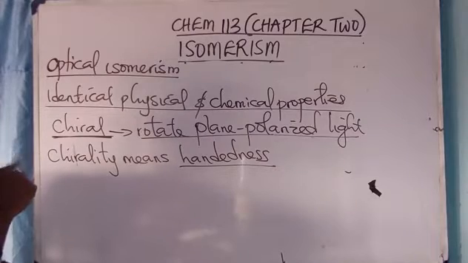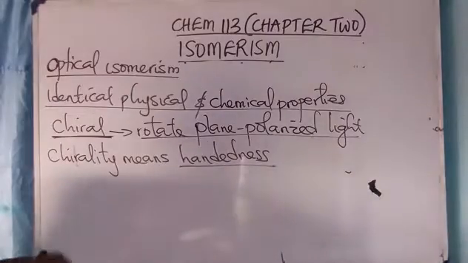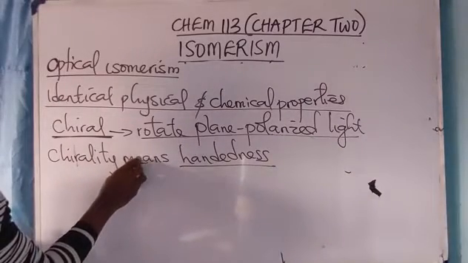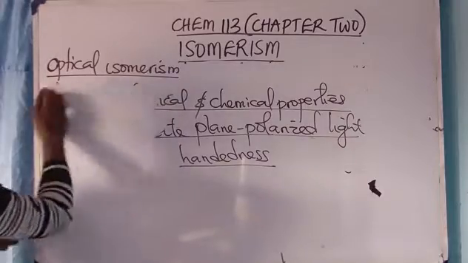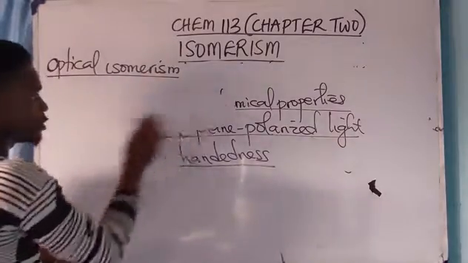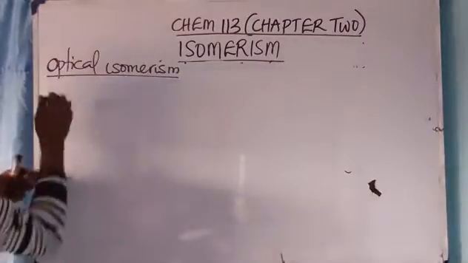Now, there are some compounds that form mirrors of each other, and these are called enantiomers.